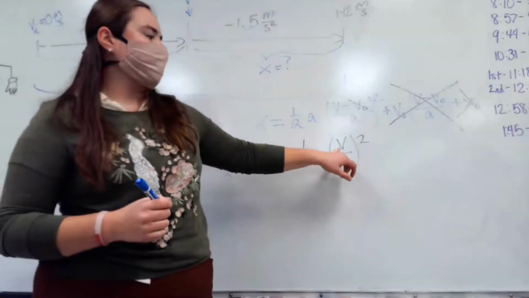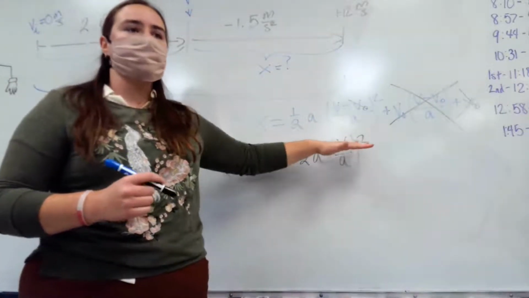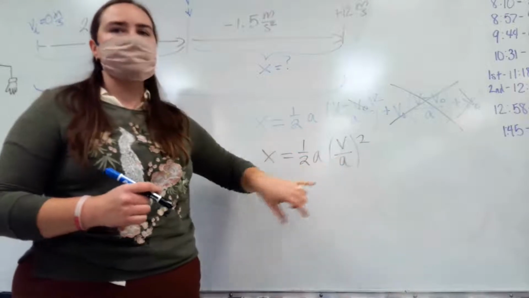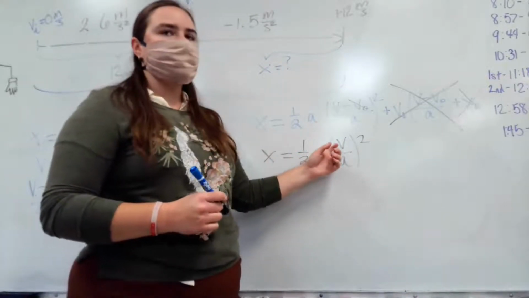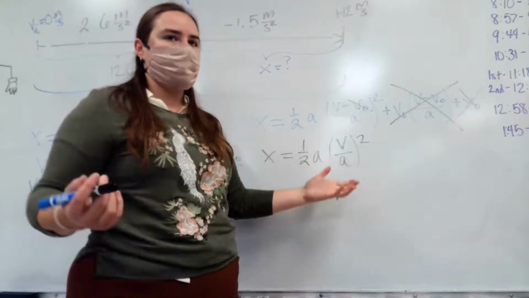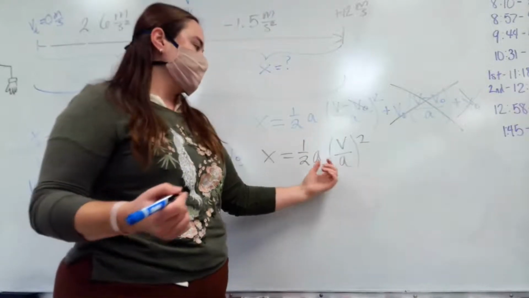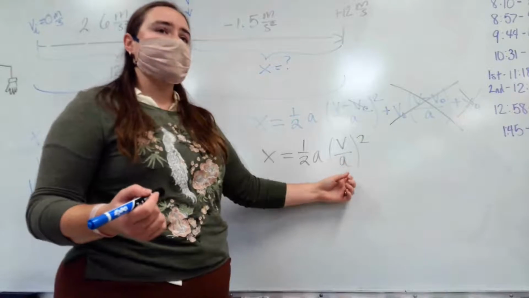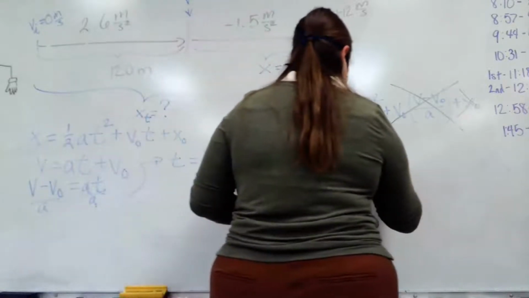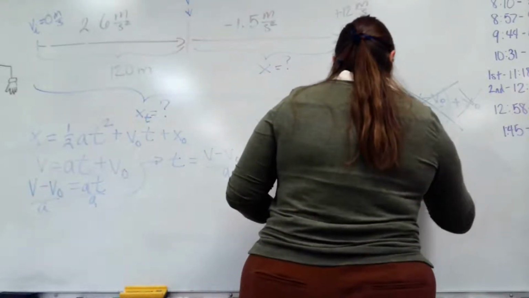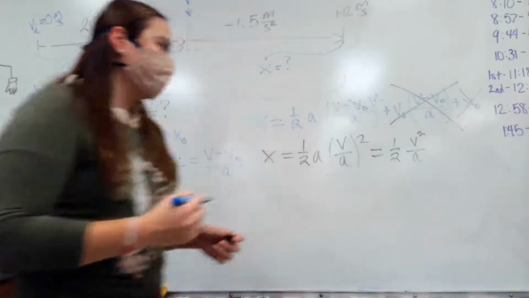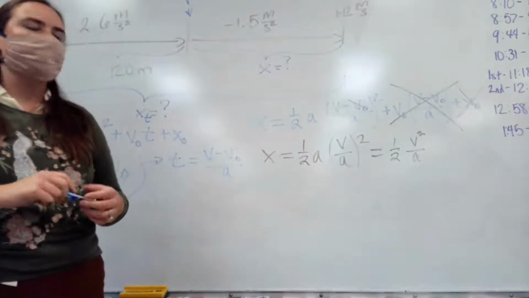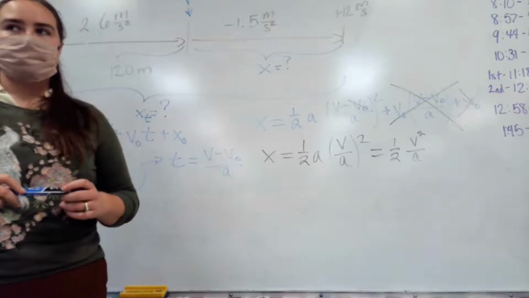Because we no longer have the adding in the numerator here, squaring this whole thing just became a lot easier. All we have to do is square the v, square the a, and we're good. Okay? This a will cancel out with one of these a's, so we end up with x equals 1/2 v squared over a. Cool?